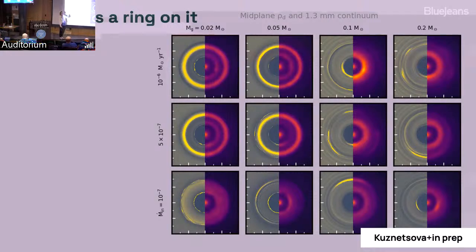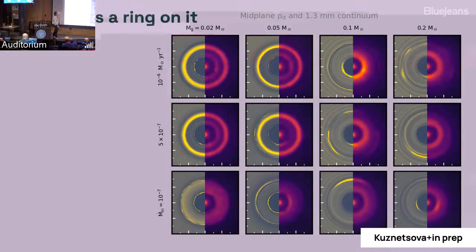Something that people like to model away is, oh, well, there's really not that much stuff there, so what will it hurt if we don't put it in? Well, dynamically speaking, these are actually surface densities across this parameter space, along with the 1.3 millimeter continuum image, just to show you that you'd see it.